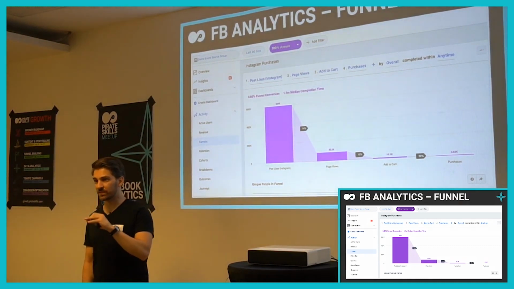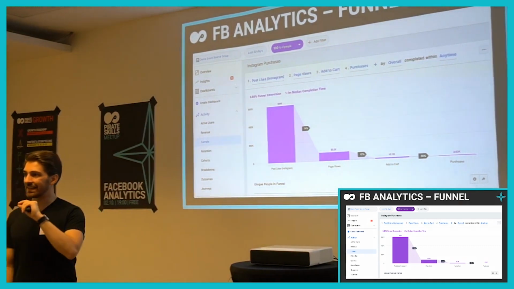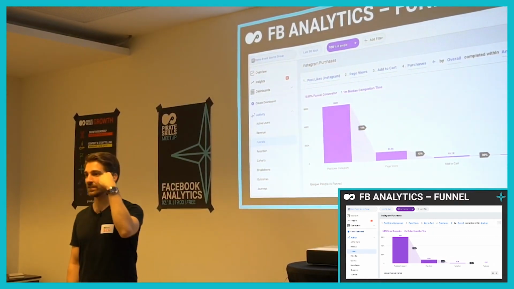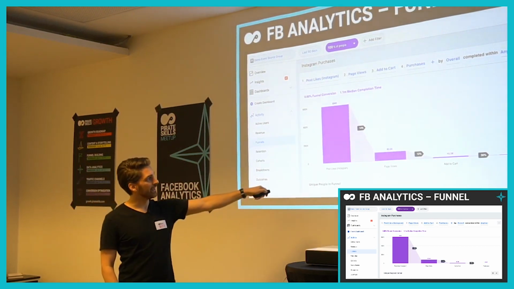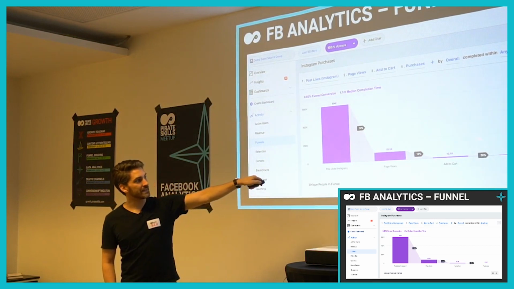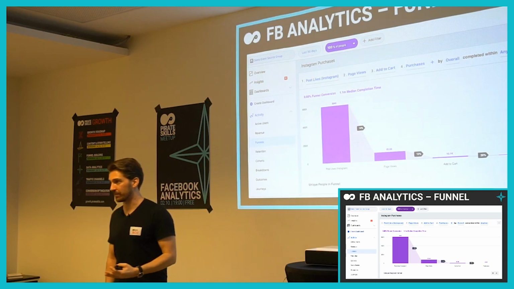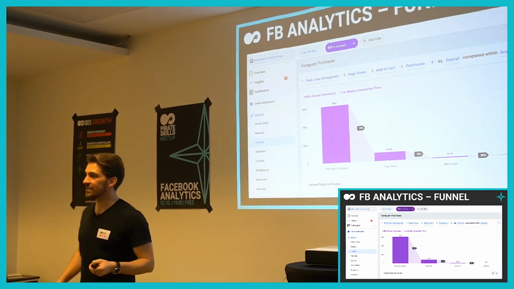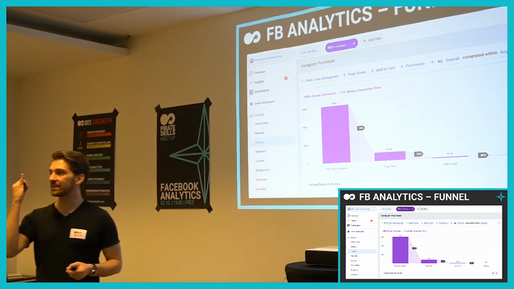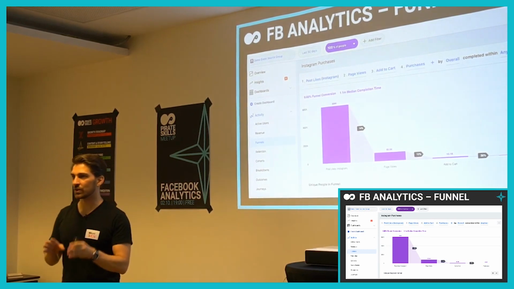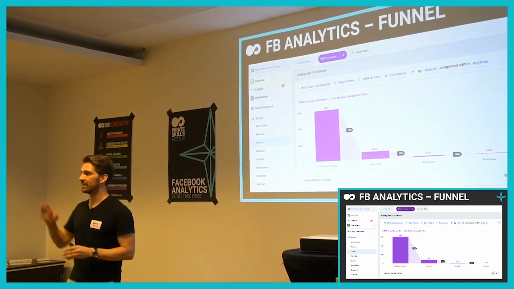That 40% of people in this case that liked any post on Instagram actually moved to the website. Fantastic. Then another 12% of those added something to the cart, and 36%, which is also normal, then actually bought something. And these are not total add to carts. These are add to carts done by a single user. So again, Facebook thinks in users, not in total amount of events.